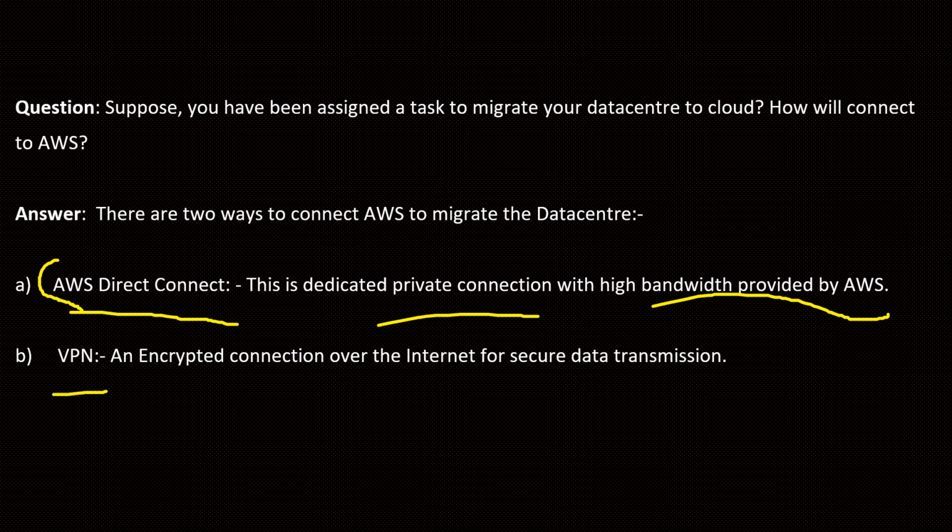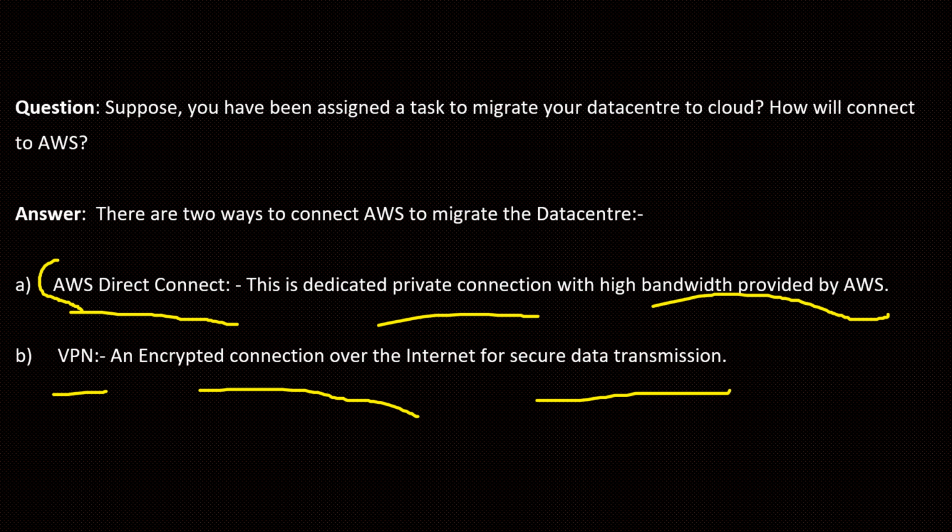Under VPN, there is an encrypted connection over the internet for security of data transmission. VPN, as you know, is an external tunnel established between the organization and the AWS cloud. This is an encrypted connection. So these are the two methods from where you can transfer your data from the local organization to AWS.